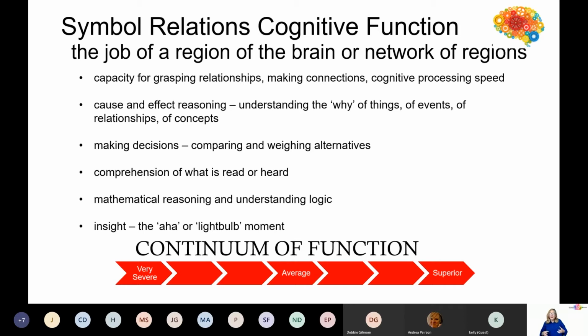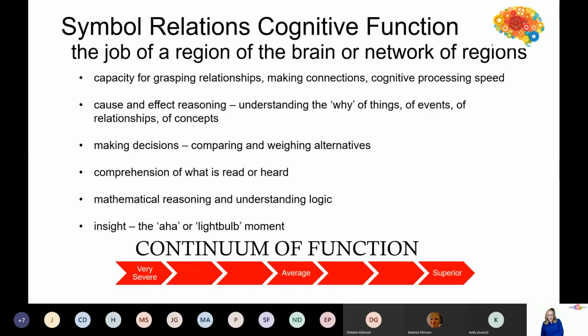So really, that deep understanding of why things happen in the world, conceptually, but even in relationships. It's also really important for making decisions, because when we make decisions, if we're making them effectively, we compare and contrast and weigh a lot of alternatives before we come up with the one that makes the most sense.